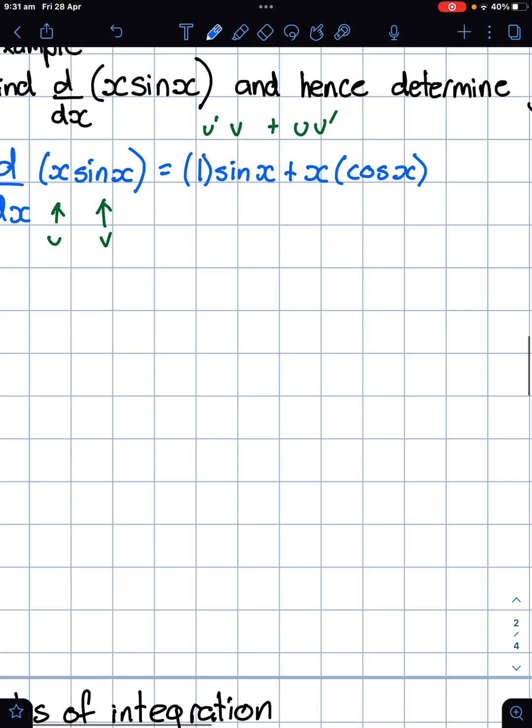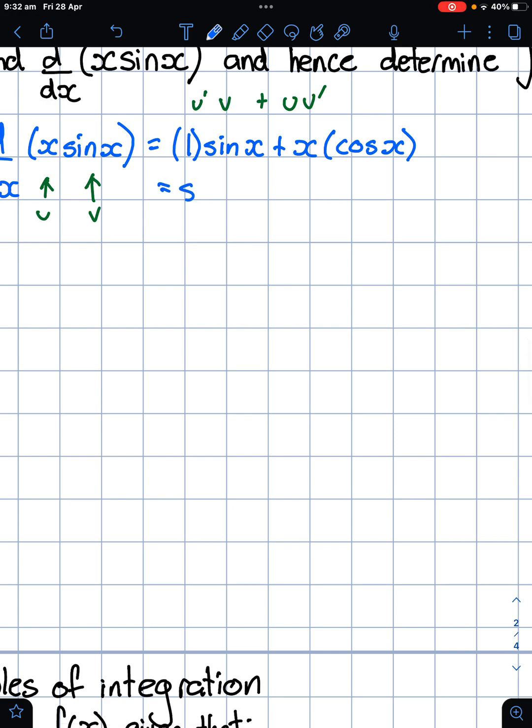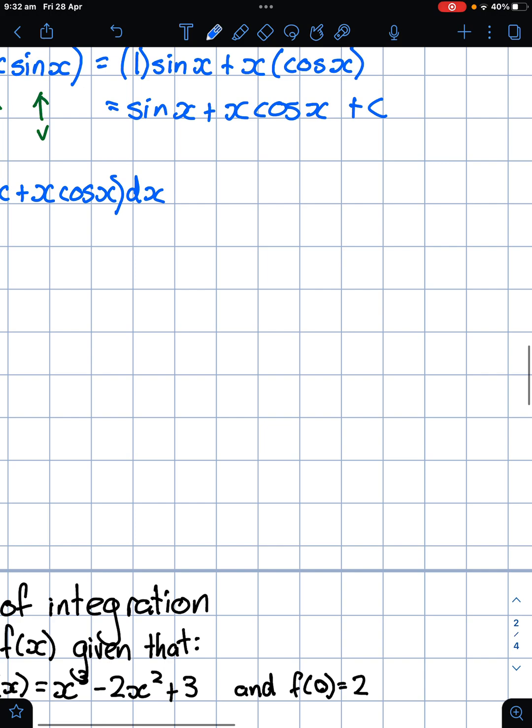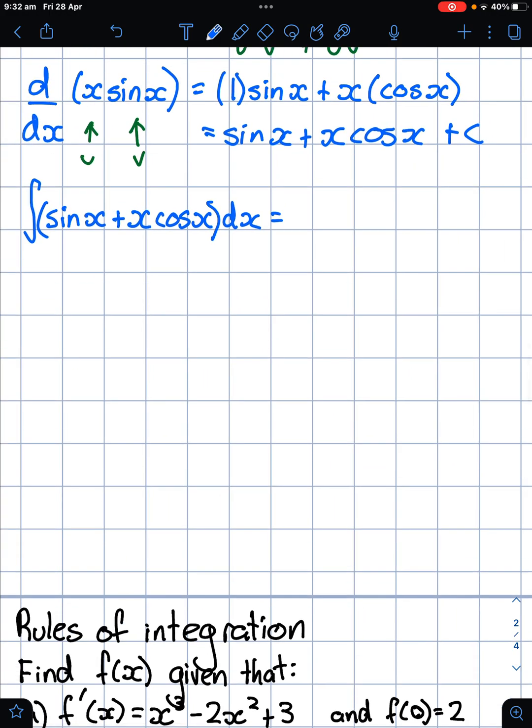So what this means, if I clean this up, equals sine x plus x cosine x, means I can now go, well, the integral of sine x plus x cosine x with respect to dx, I missed a c here, plus c, is going to equal this value up here.